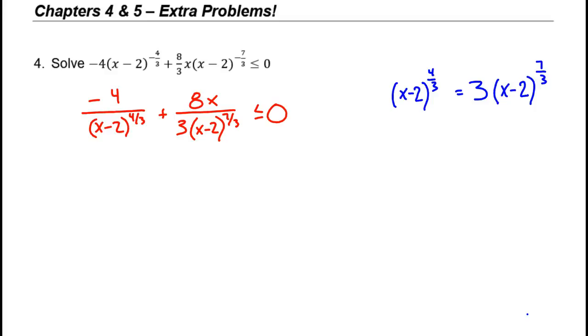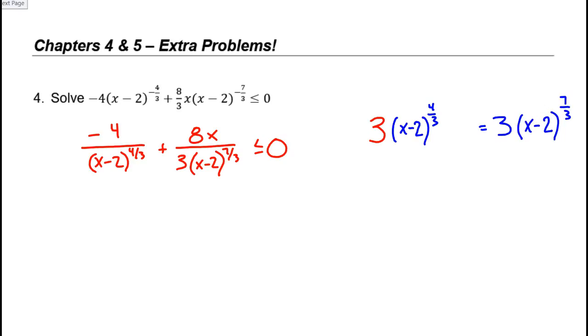Somehow I need to make (x minus 2) to the 4/3 look like 3 times (x minus 2) to the 7/3. The first thing, which is probably pretty easy for you to see, is I need a 3. The second thing, which may not be so easy, is I need to turn 4/3 into 7/3. So the next thing I need to do is make (x minus 2) to the 4/3 into (x minus 2) to the 7/3.